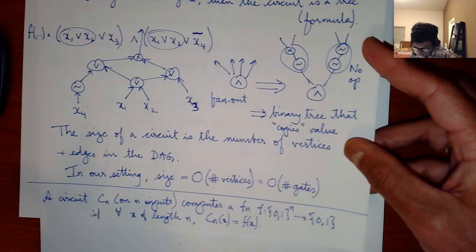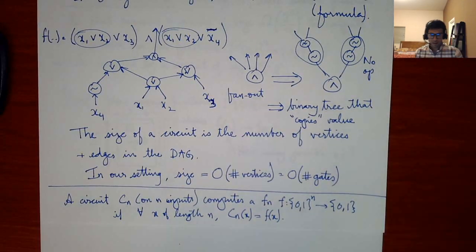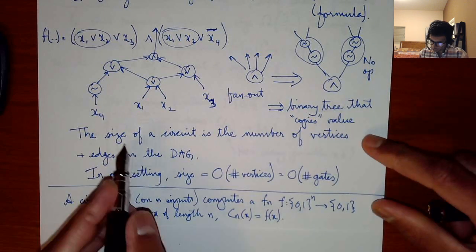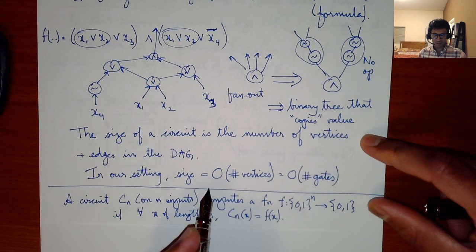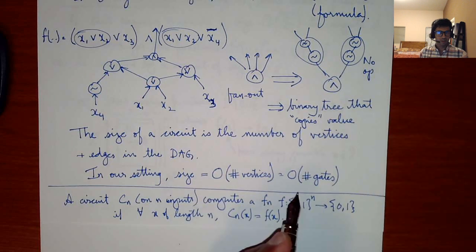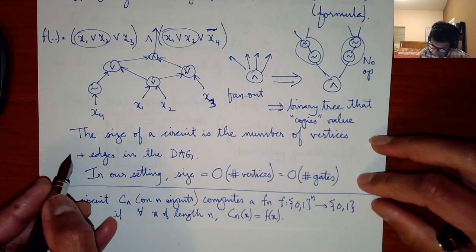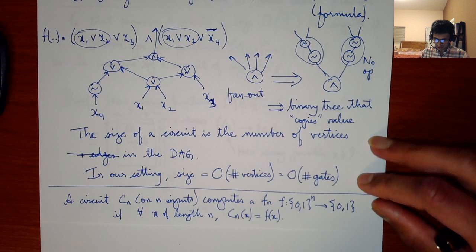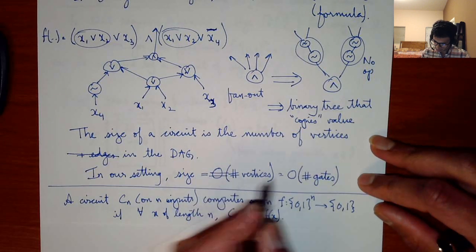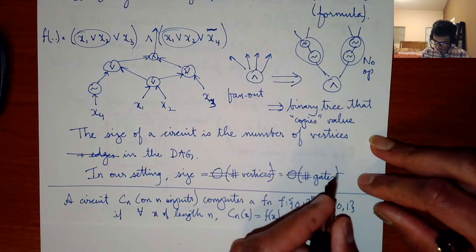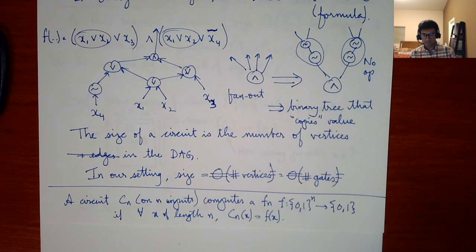If you define the size of the circuit to be the number of vertices plus edges, you basically get O of the number of gates. Let's actually say it's the number of vertices, so that the size is exactly the number of gates. This is just going to make our calculation easier.